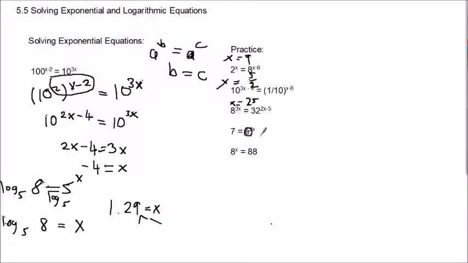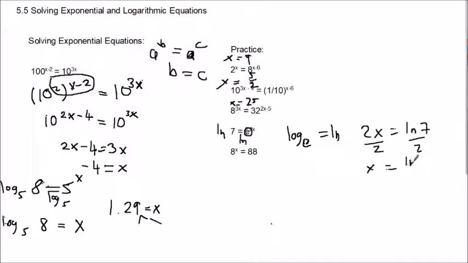Our number is e, so we have to take log base e, which is also known as natural log. So we have to take the natural log of e and the natural log of 7. Right, now we have 2x is equal to ln of 7. Divide by 2 on both sides. We have x is equal to natural log 7 over 2, which is also equal to 0.973.